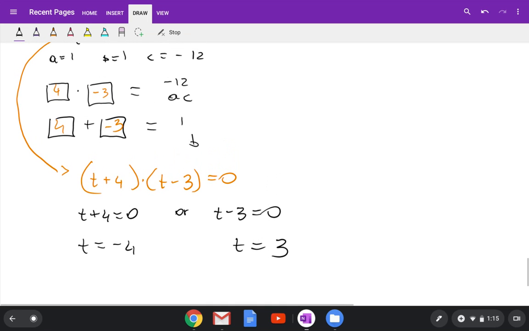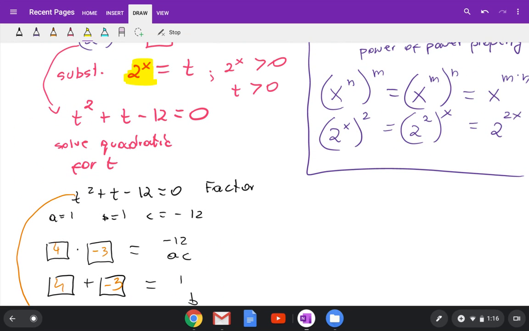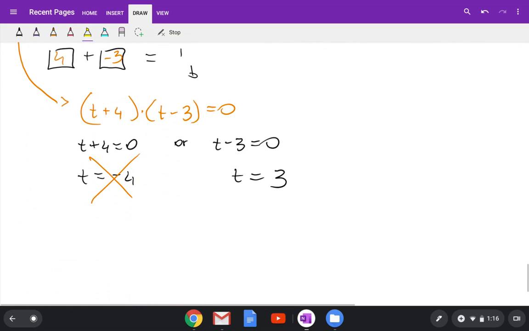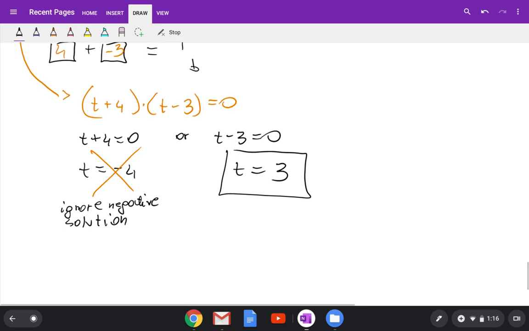Now, I mentioned to you that the negative solution, you're going to ignore it because t has to be positive, because technically t represents 2 to the power of x. So we're ignoring the negative solution. t equal 3 is correct, but this is not your final answer.